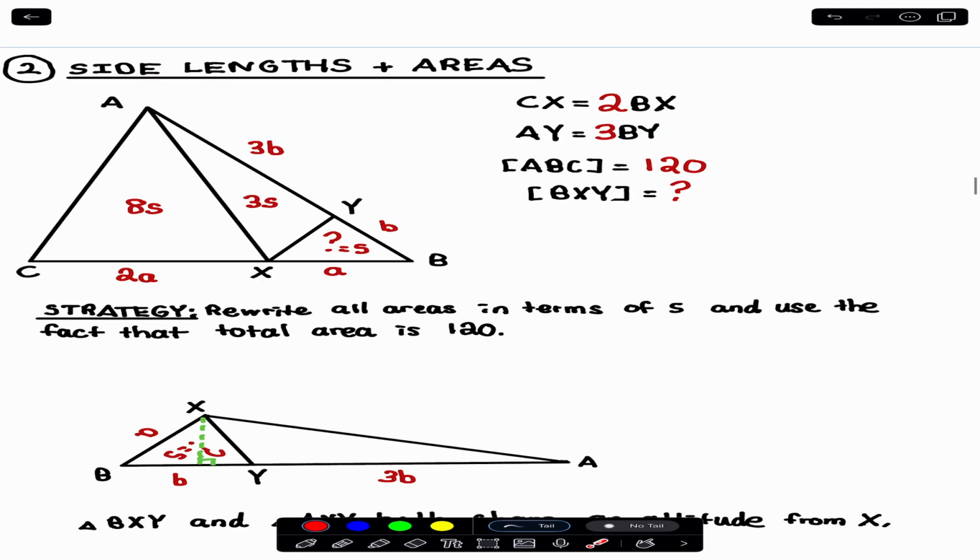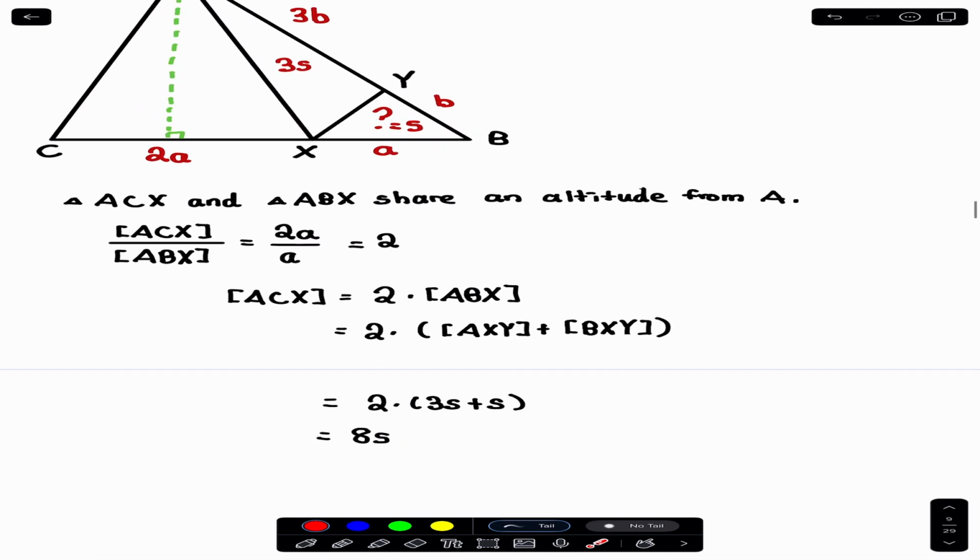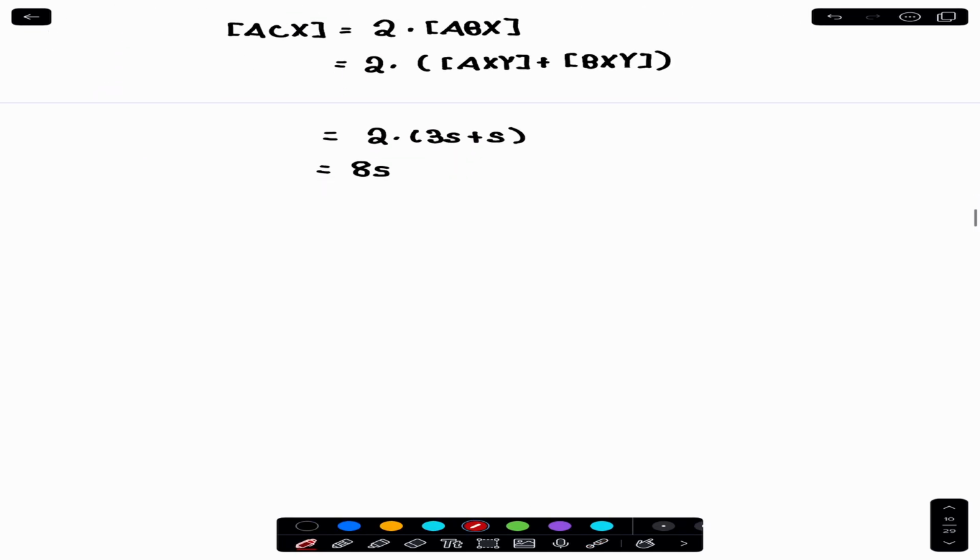So we've used this, we've written everything in terms of S. Now we just need to finish with this last piece of information. The total area of triangle ABC is 120. So let's do that. If the total area is 120, that should be in black.